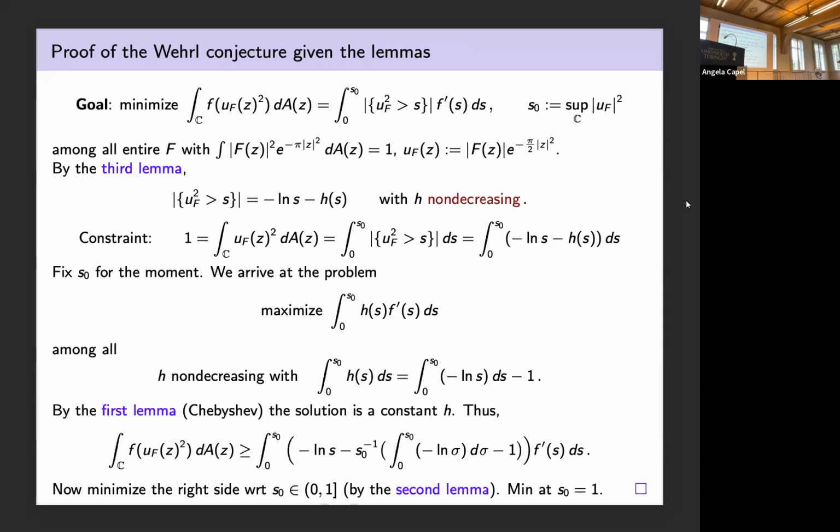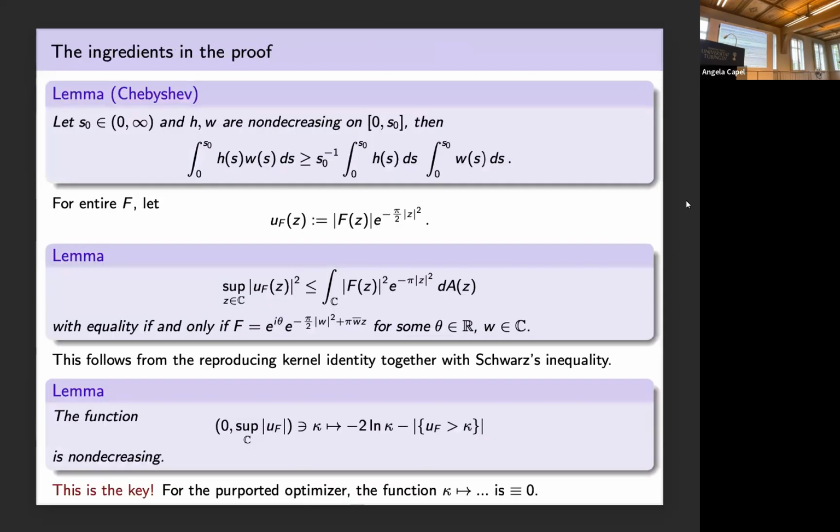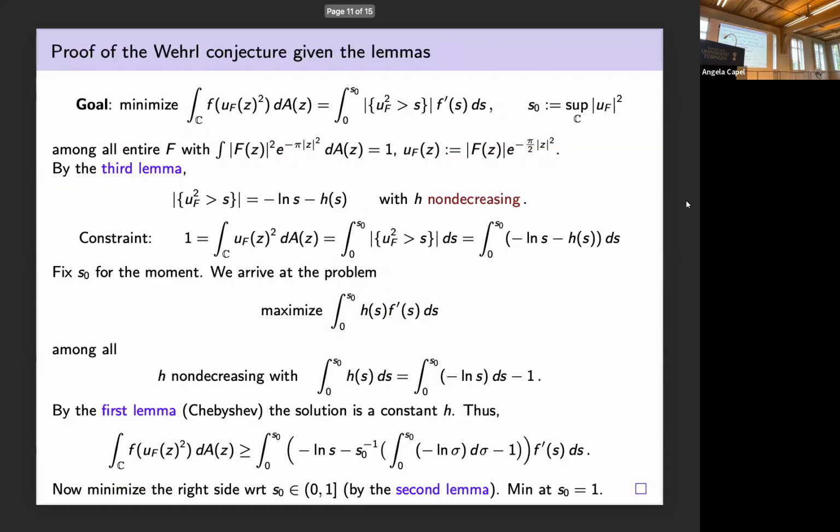And then you see already that this smells very much like you have a product of two non-decreasing functions, right? Because the fact that your f function was concave means that the derivative is decreasing, right? So you see that this is relevant for this inequality of Chebyshev. Now, for the inequality of Chebyshev, Chebyshev told us that the function wants to be constant.